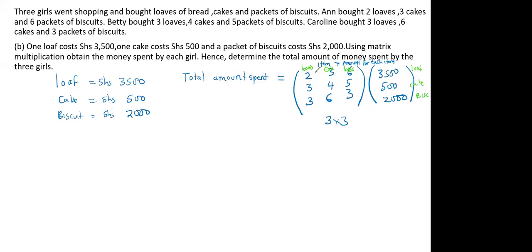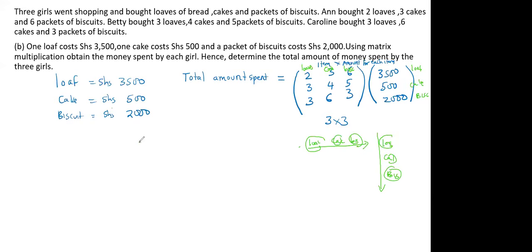So I want you always to know that in case you wrote your things in this order for each item, then your matrix, you'll multiply it like this. These are loaves, these are cakes, and these are biscuits. So loaves are going to go with the loaves. Cakes will go with cakes. Biscuits will go with the biscuits.